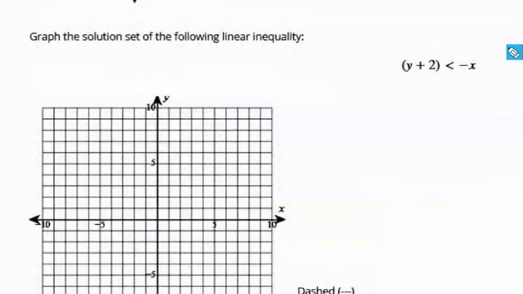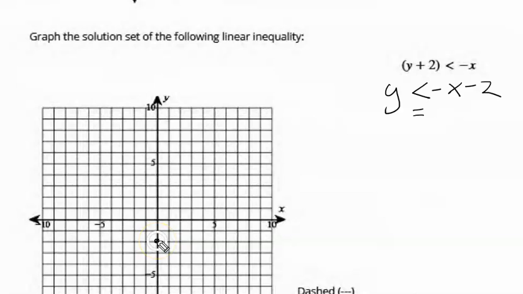Here, this is a rather easy one, I think. We get y plus 2 is less than a negative x. I'm going to take this 2 to the other side where it becomes a negative 2. And again, thinking of this as if it were equal, our y-intercept is negative 2.